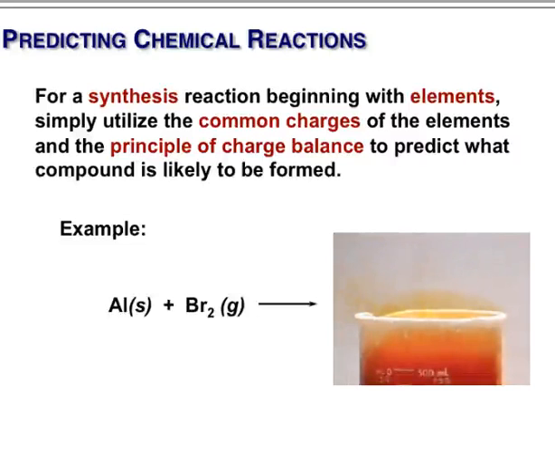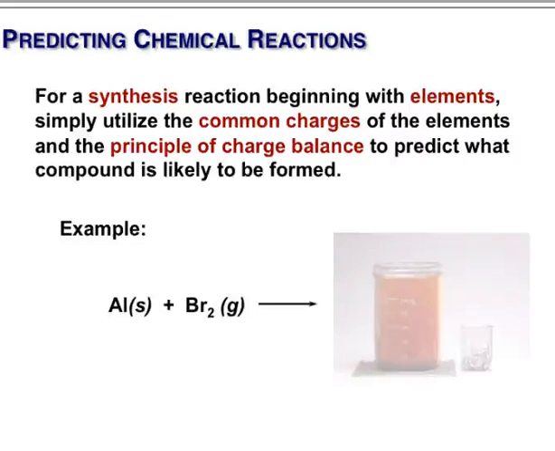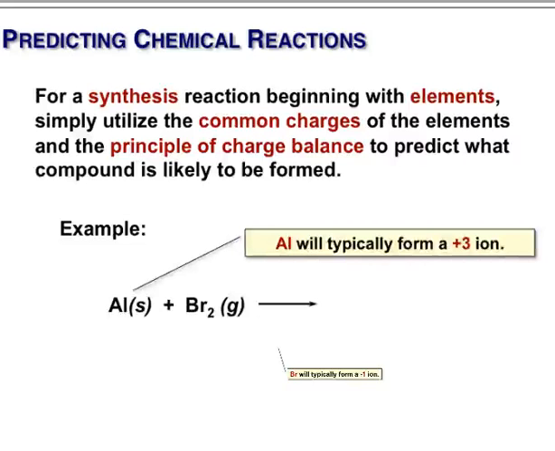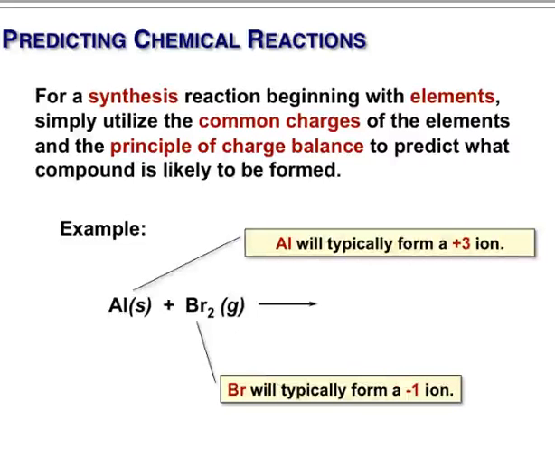In order to predict this, what you want to do is look at your reactants. Aluminum's a metal. It makes sense that we're going to form an ionic compound because metals give ionic compounds, don't they? Aluminum will typically form a +3 ion, won't it?